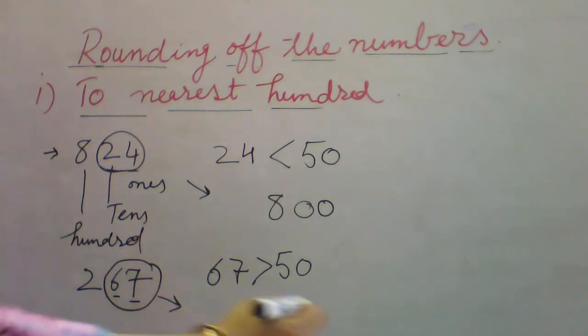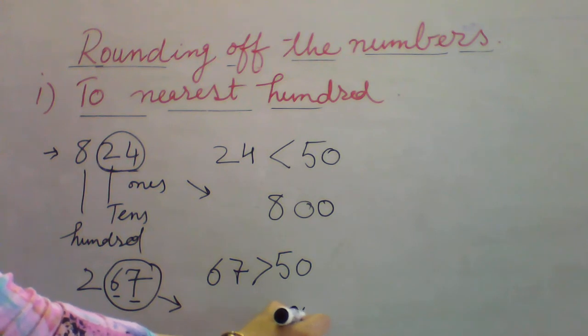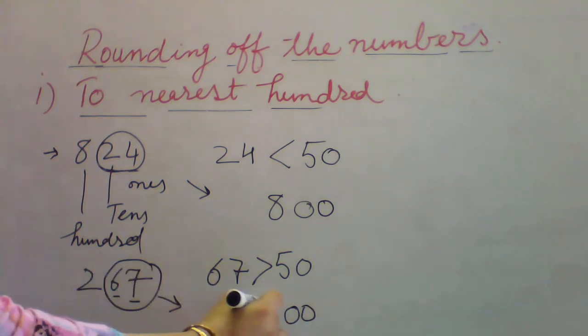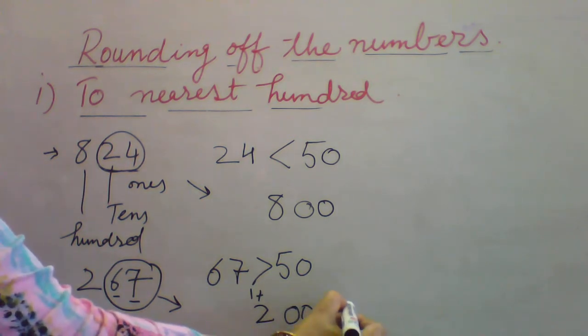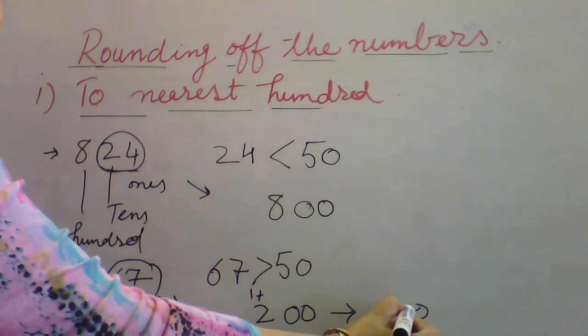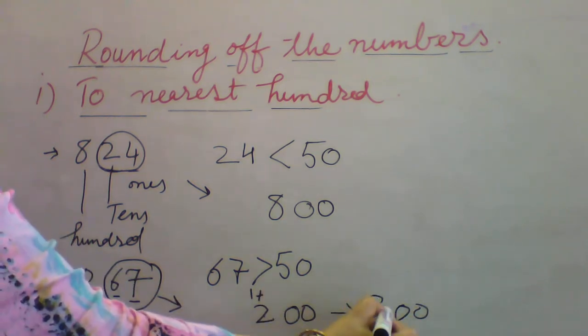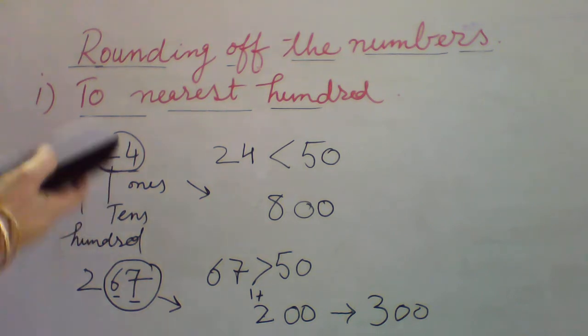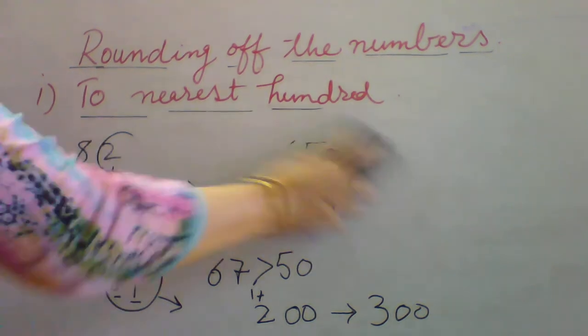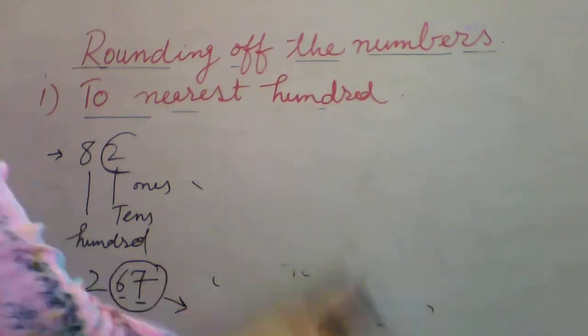In place of 67 we will write 0 0, but to the number 2 we will add 1. 2 plus 1 equals 3. So 267, if we are rounding this number to the nearest 100, will be rounded off to 300. Now I will take other examples and explain to you.